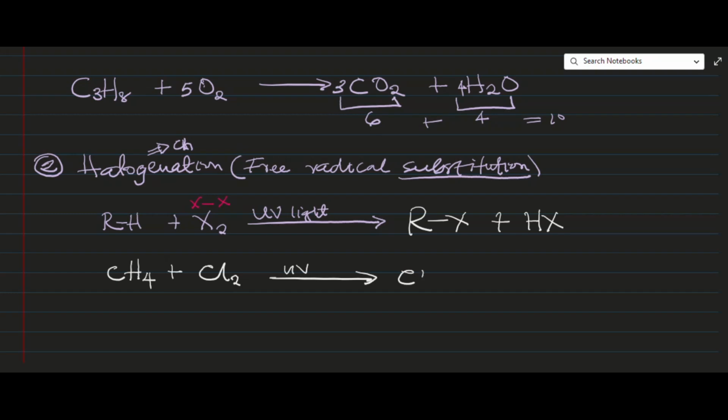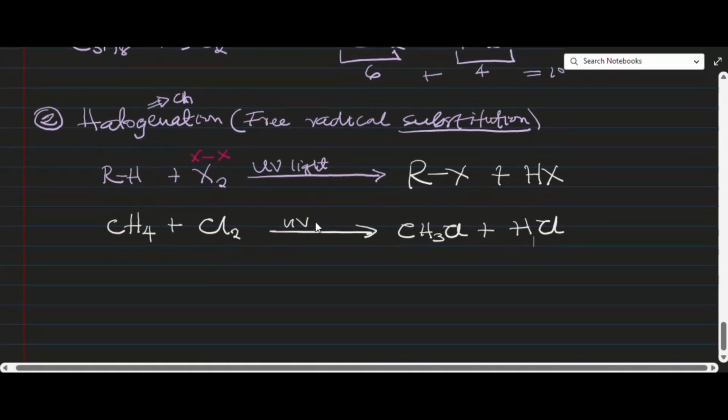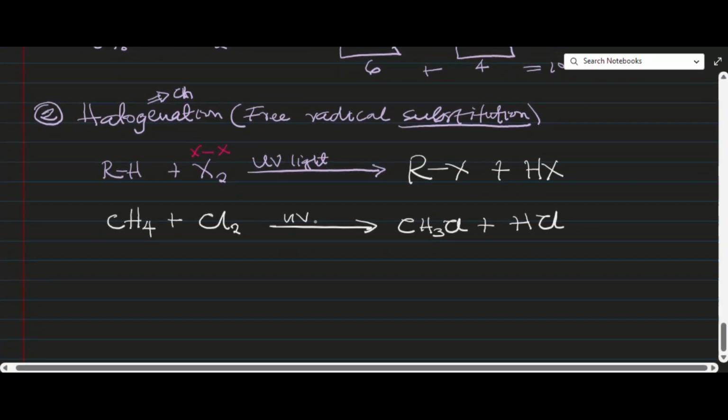So it's going to be CH3Cl plus, we have one Cl left, so HCl. So this is the reaction, and this is chlorination of methane. So our product here is going to be chloromethane.